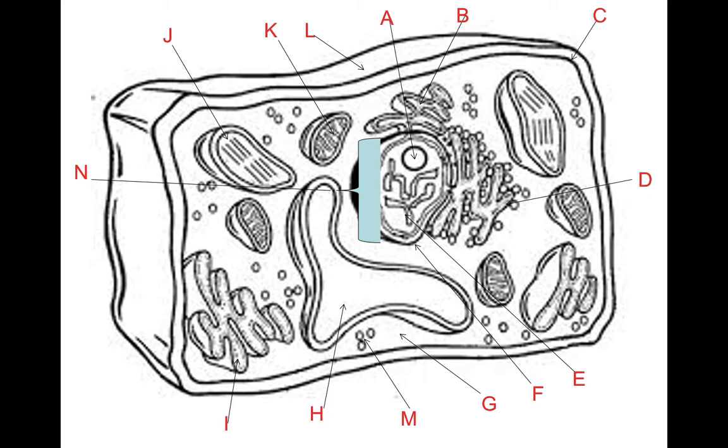You're going to need to make sure that you know that if we're talking about packaging and modifying, we're talking about the Golgi. And then you have to be able to identify the Golgi. In case you're wondering, the Golgi is letter I down here at the bottom left hand side. So that would have been the correct answer there, letter I. So that's kind of like a two-part question. So make sure you can do those style.